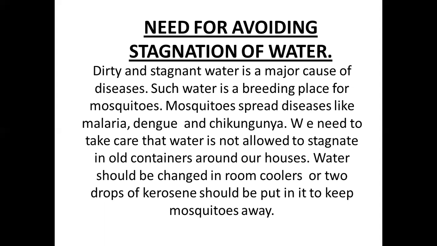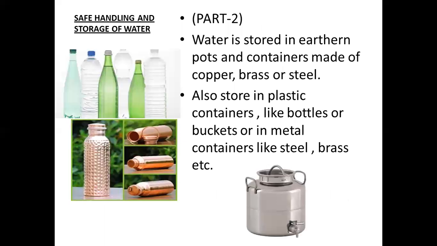Next, coming to the safe handling and storage of water, that is part 2. People often store water in earthen pots and containers made of copper, brass, or steel. Many people store water in earthen pots, and during summer season the water in earthen pots will be cool also.